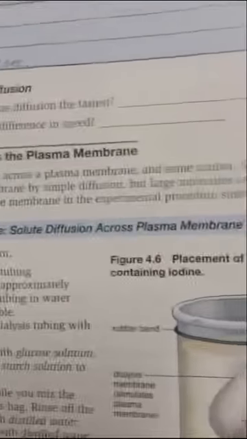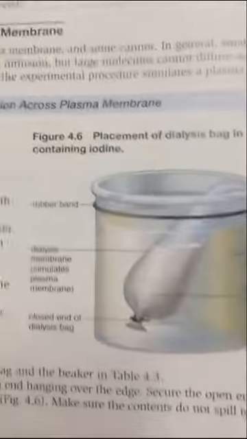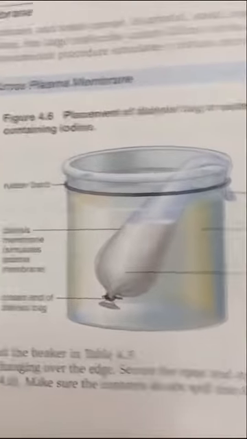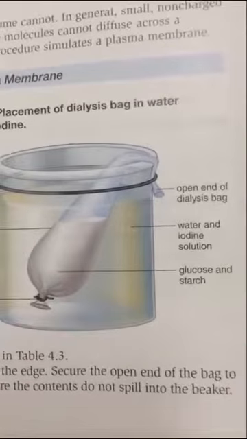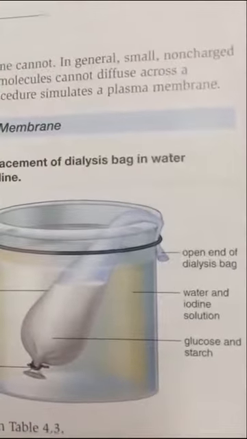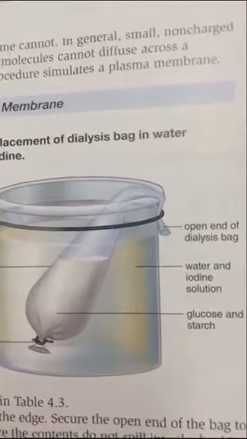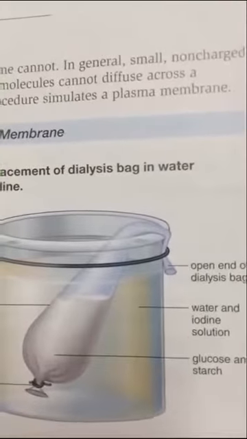Okay, now on this little portion of the lab, what you're doing is putting substances within a tube, which is called a dialysis membrane, and within that you're going to put, you can read it here, glucose and starch, and then outside you'll put water and iodine. So inside the bag you have glucose and starch, and outside you have water and iodine.